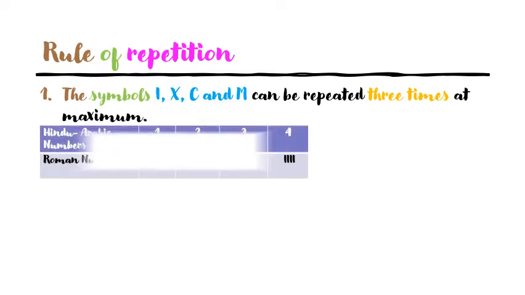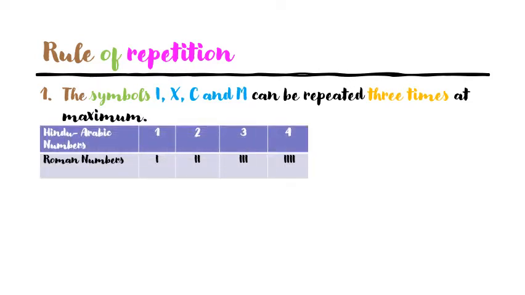Okay, let's see. 1, 2, 3, 4. Now symbol for 1 is I. So it is correct because it is written 1 time. Now how to write 2? Because there is no symbol for 2 in Roman numbers, we will write I 2 times. Now for 3 we will write I 3 times.